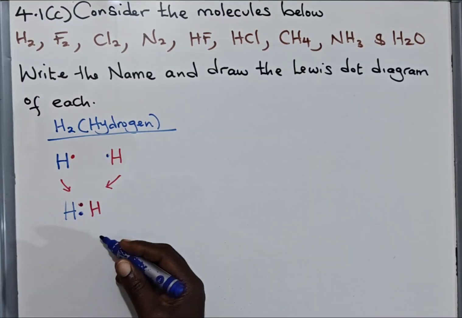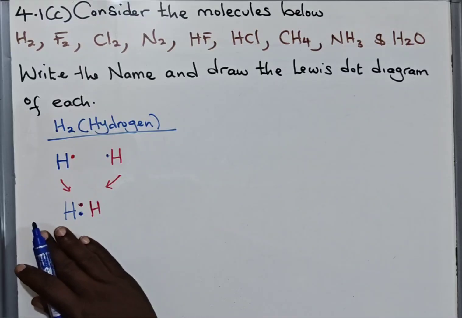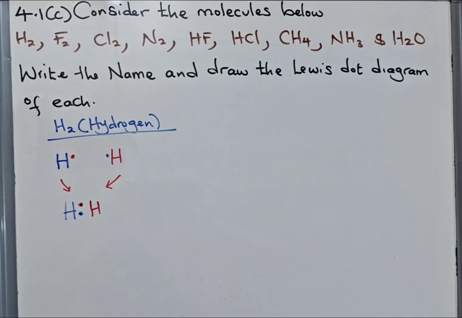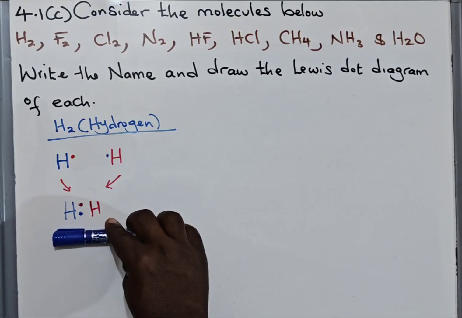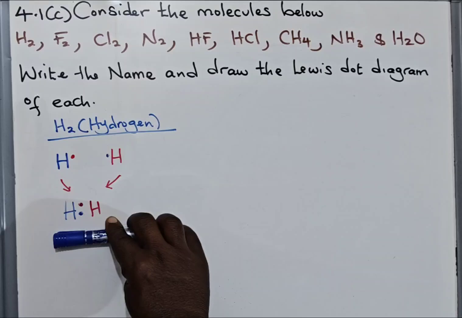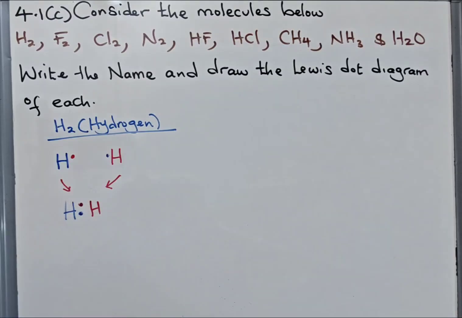When they pair, they form what we call a bond. You have to know that every bond is made up of a pair of electrons. So what you see here is the Lewis dot diagram of hydrogen molecule.